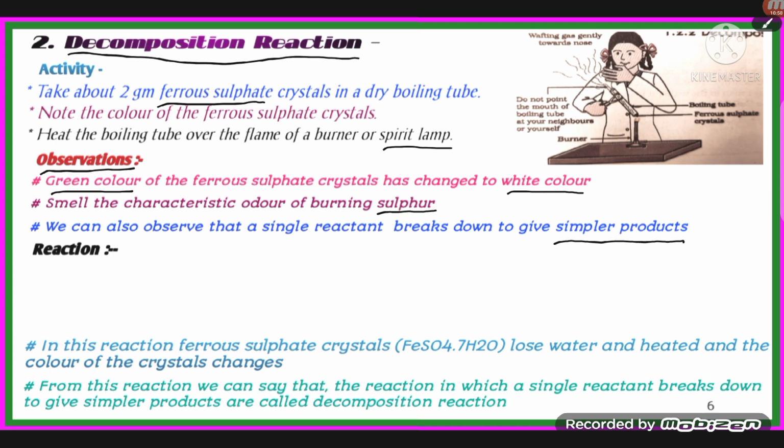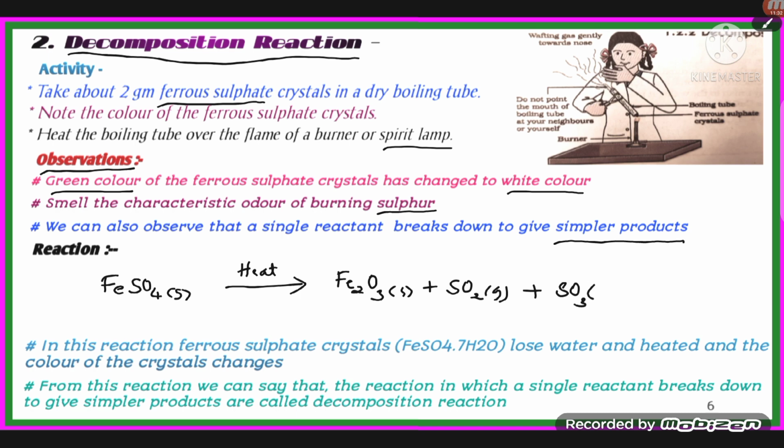Chemical equation of this reaction: ferrous sulfate, FeSO4, solid state, when heated, produces ferric oxide, sulfur dioxide and sulfur trioxide.